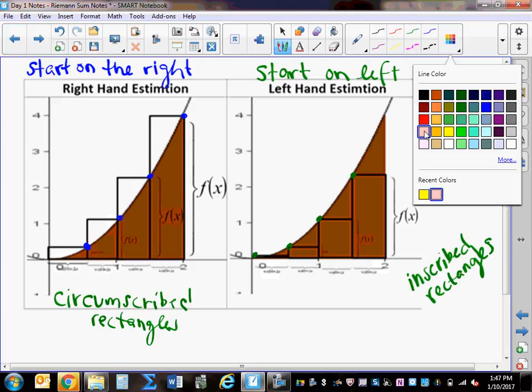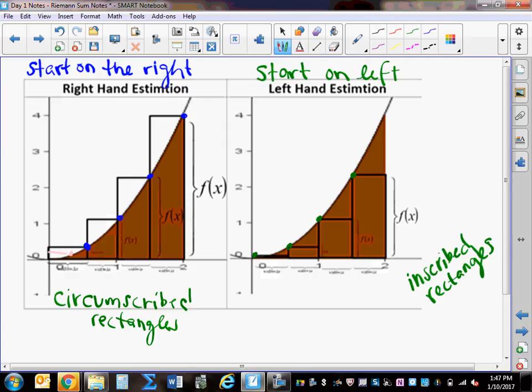If I were to go halfway here, let's see, halfway here. Would you agree that this is kind of a nice compromise? Gets a little even more accurate. So we have right hand, we have left hand. Even more accurate is our midpoint.